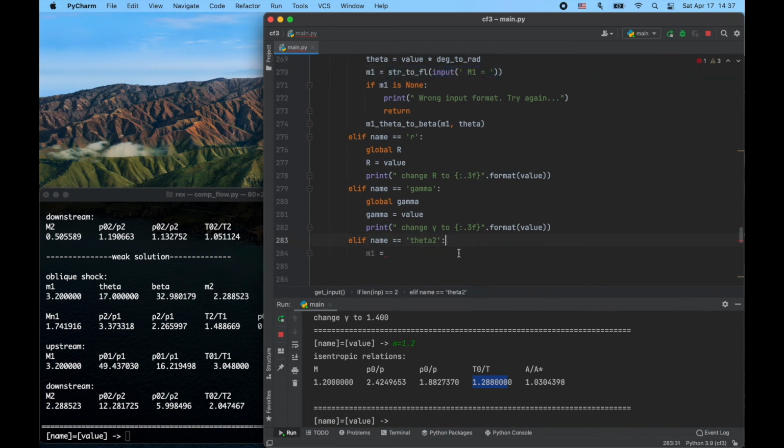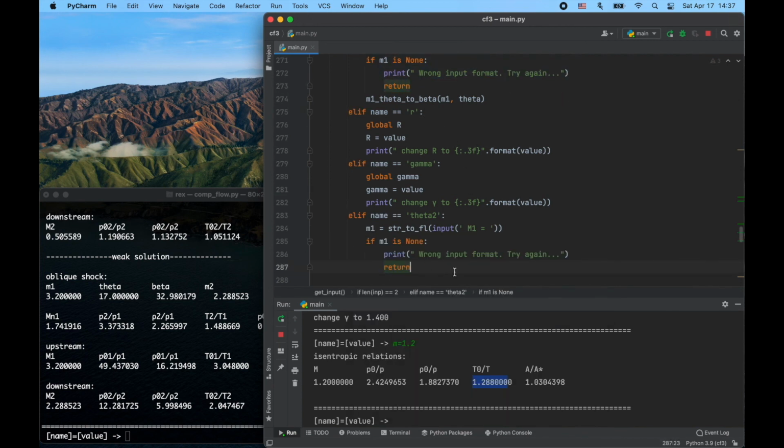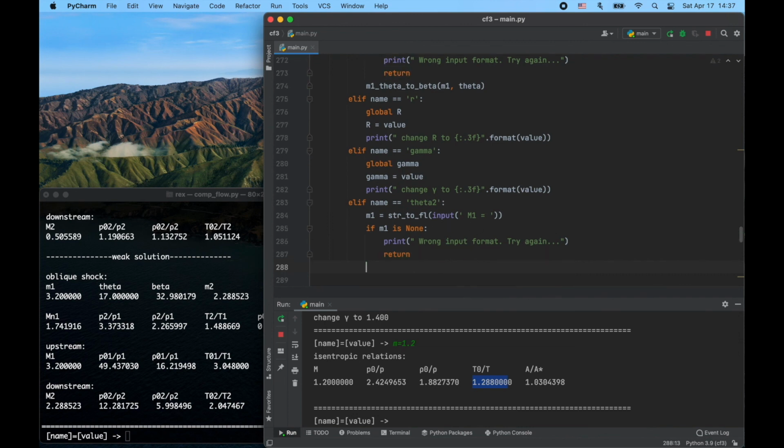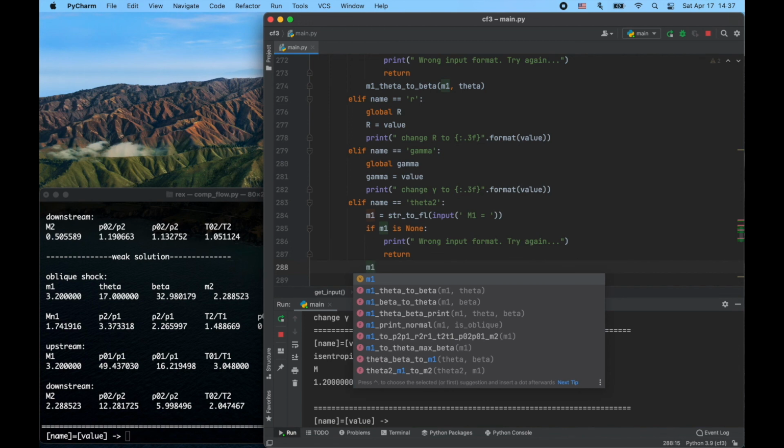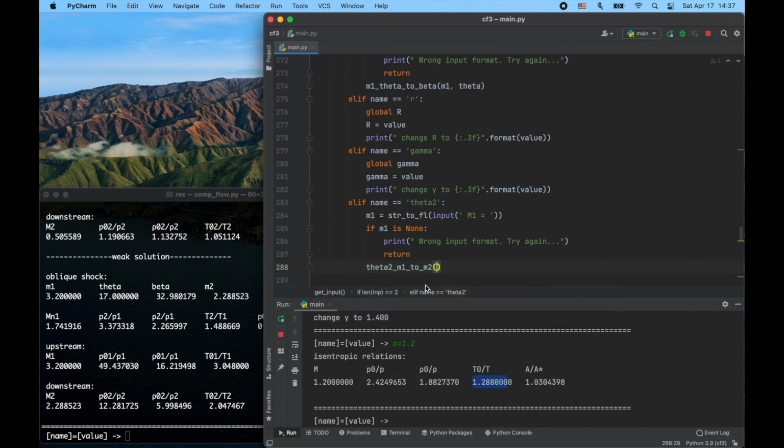Otherwise, we call this function with theta2, and our theta2 here is the value, and M1. However, theta2 is again in degrees, so we want to convert that into radians. And here we use theta2.